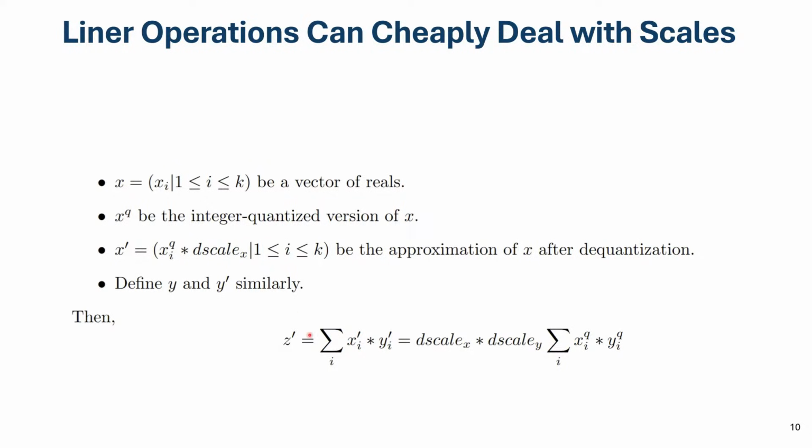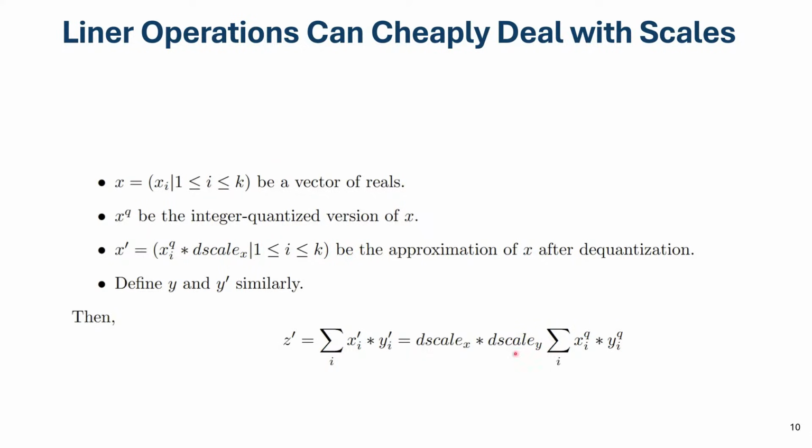Mathematically, if I'm computing Z, which I want to be the dot product of X and Y, then I can carry out my multiplications and summation in integer space and only take the final result, in what people sometimes call the epilogue of a GEMM or linear operation, then convert to floating point and apply those scale factors. And that can be done for linear operations, because I'm multiplying pointwise X_q times its scale and then Y_q times its scale.